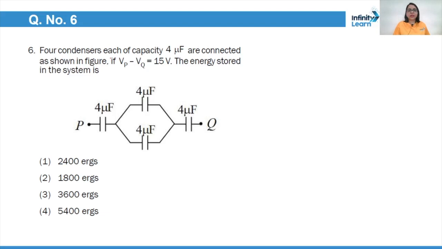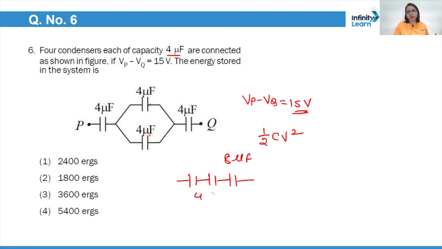Question number 6. 4 condensers, each of capacity 4 microfarad, are connected as shown in the figure. If Vp minus Vq is 15 volt, the energy stored in the system is. So energy stored is half CV squared. Find the C equivalent of this one, which is 4 and 4 in parallel, so it will be 8 microfarad. Now 4, 8 and 4 are connected in series between P and Q, right? So equivalent capacitance will be 1 upon 4 plus 1 upon 8 plus 1 upon 4, that is 1 upon C equivalent.